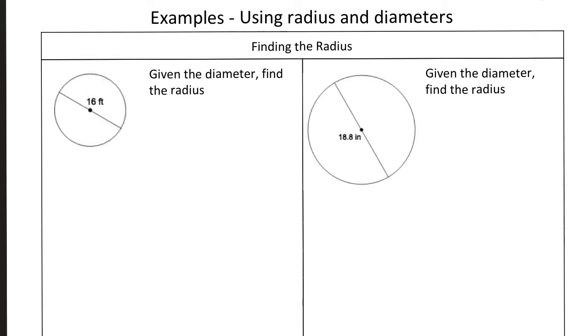Okay, so what we can do is we can find the radius if we're given the diameter, or we can go the other way. We can find the diameter if we're given the radius. So I am going to start with my formula. Okay, the diameter is 2 times the radius, and I'm going to fill in what I know.